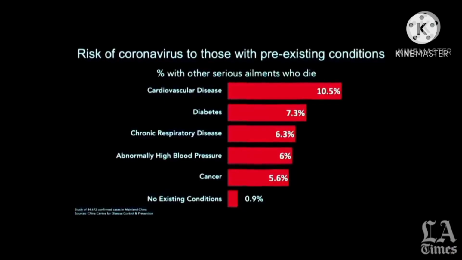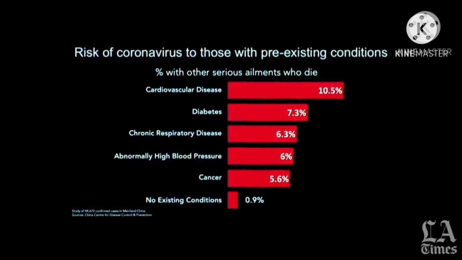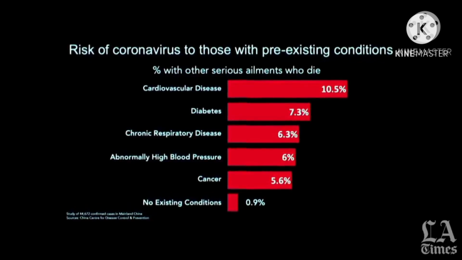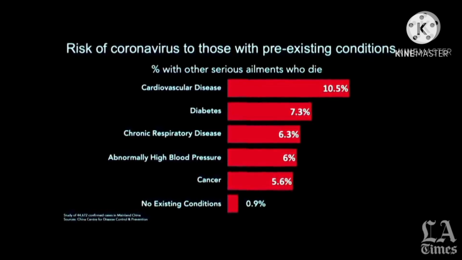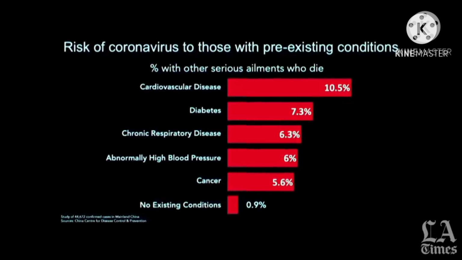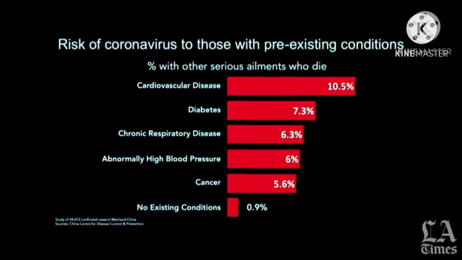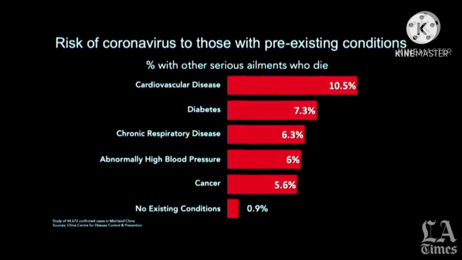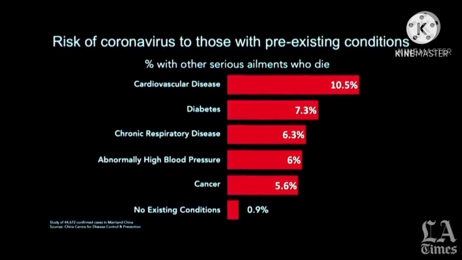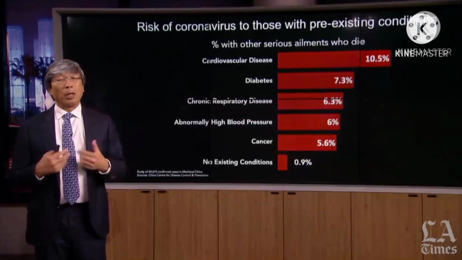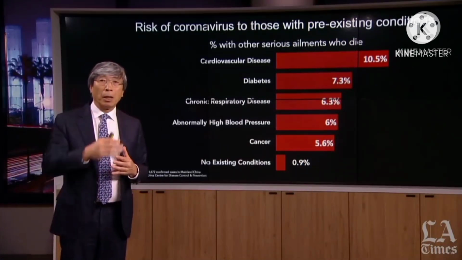This happens, unfortunately, not only mainly in the elderly, but also those with pre-existing conditions. And as you could see, patients with cardiovascular disease, diabetes, respiratory disease, and high blood pressure have these pre-existing conditions and are prone, if they get infected, to end up with SARS. We are now learning all the way back to moderate and mild.